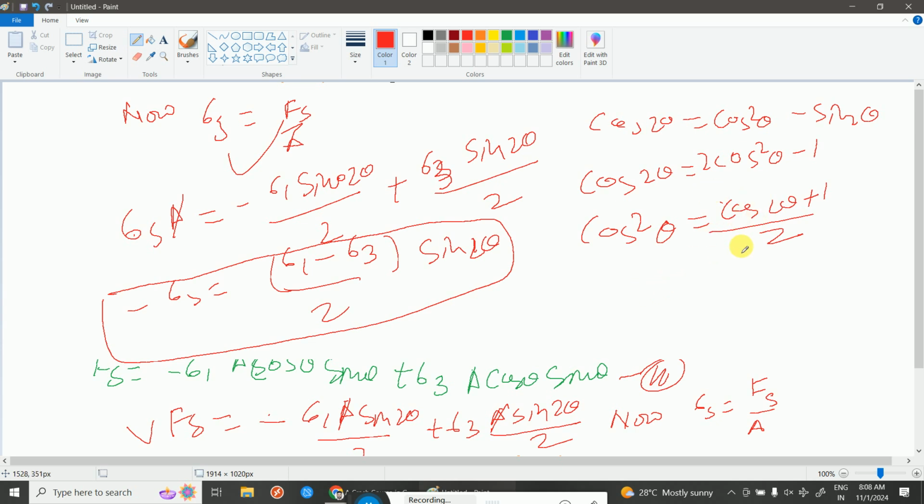You can write these things, 1 minus cos 2 theta upon 2.